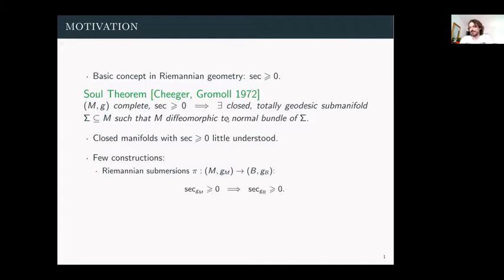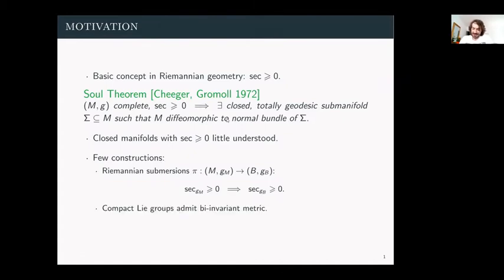This means that if you have non-negative curvature upstairs, then you get non-negative curvature downstairs. This is often used when you have a free isometric group action on a manifold with non-negative curvature: you take the quotient by this action and get an induced metric with non-negative curvature on the quotient space. So that's where this usually gets used.